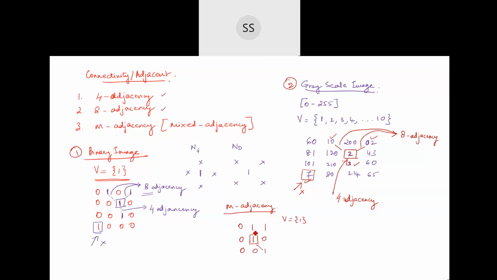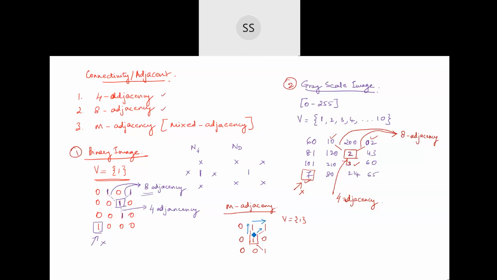I can connect this one in a straight way. I can connect this one in a diagonal way. There is one more way if you look into it: after connecting with this one, this one can be connected to this. So there are two ways, either this way or this way. You connect with this and from here you can connect like this. So this type of connectivity is there and also this type of connectivity is there.